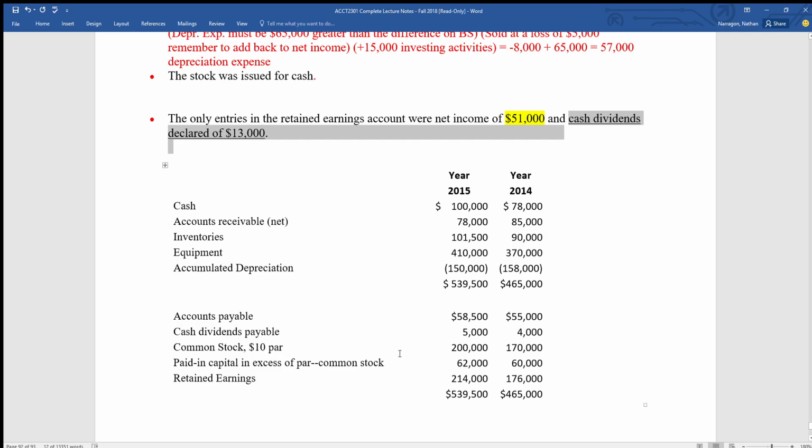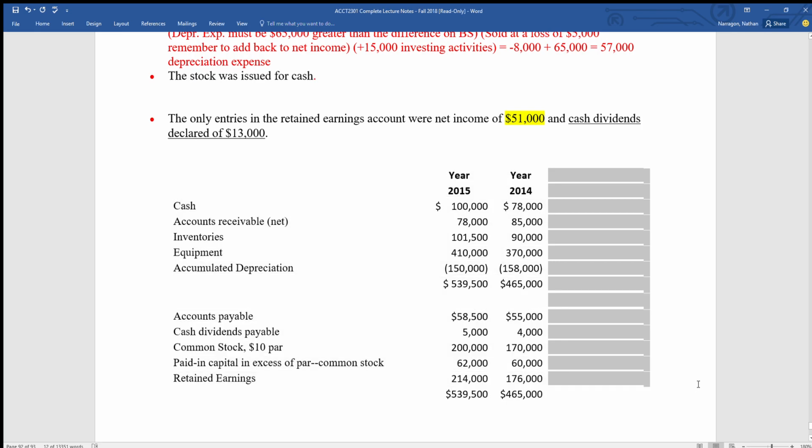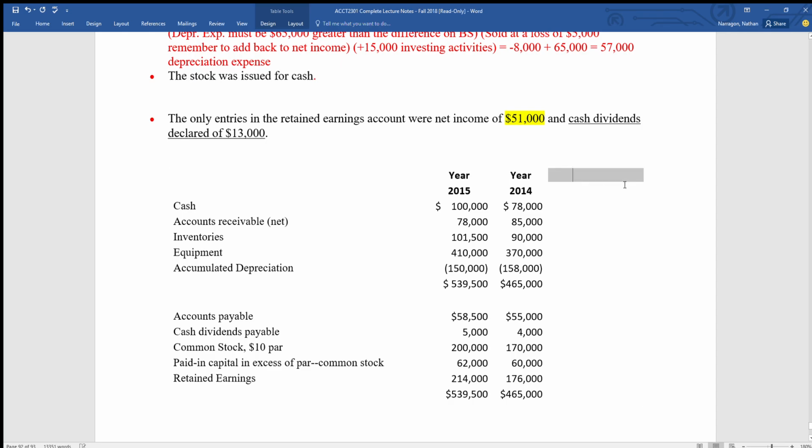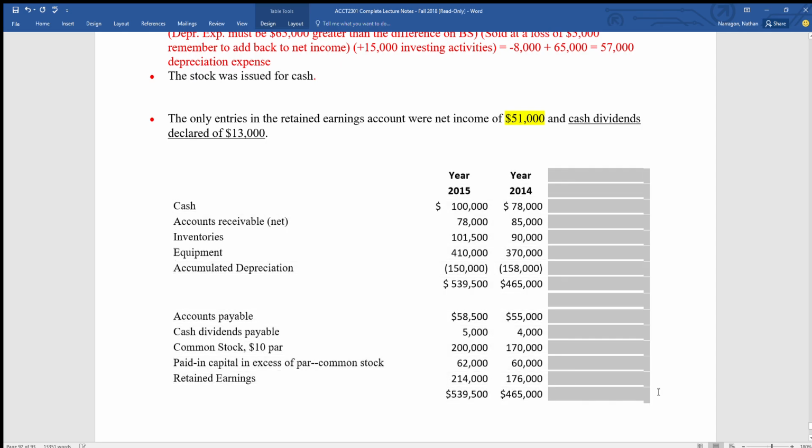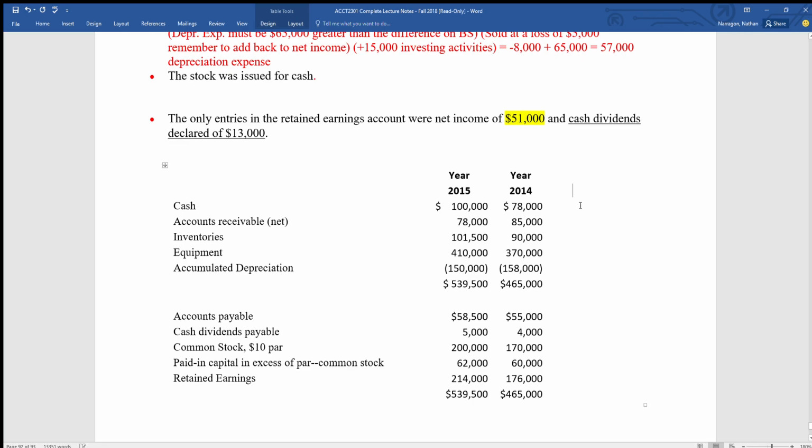Okay, so here's our comparative, which is nice and handy. We like that. So one big thing you want to do is make your difference. So we can make our difference going on right here.